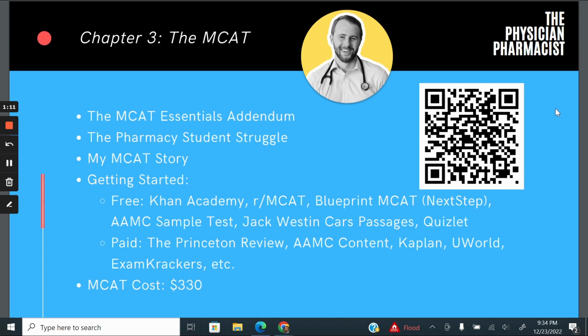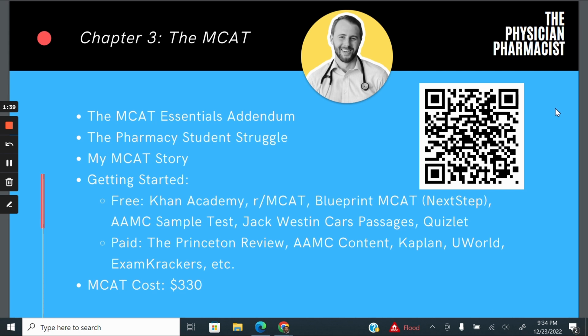The pharmacy student struggle is essentially something I've introduced already as well, in which a lot of the content tested on the MCAT isn't really relatable to what we've learned in pharmacy. Of course, there are foundational principles like basic biology, chemistry, and so on. But the problem with a pharmacy student taking the MCAT is that a lot of that material is so far removed from our educational mind.